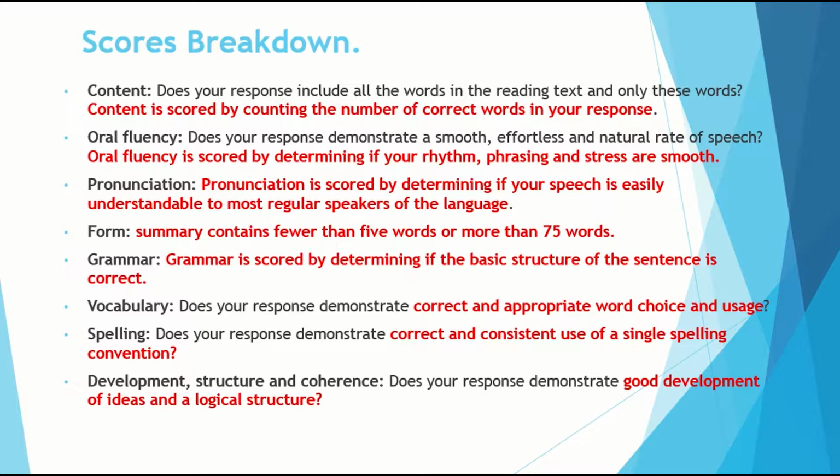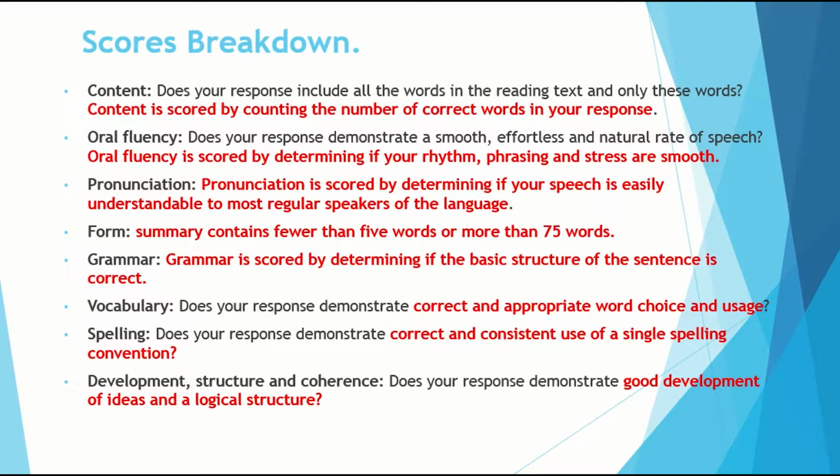All right. The first most important thing is content. Content will be scored by counting the number of correct words, rather the relevant words in your response. Now, content holds good across all these sections. The next important factor is oral fluency.